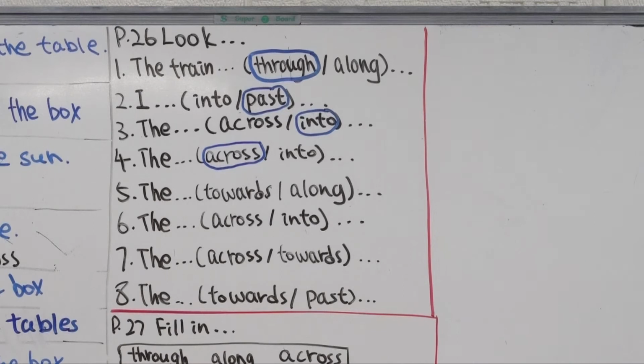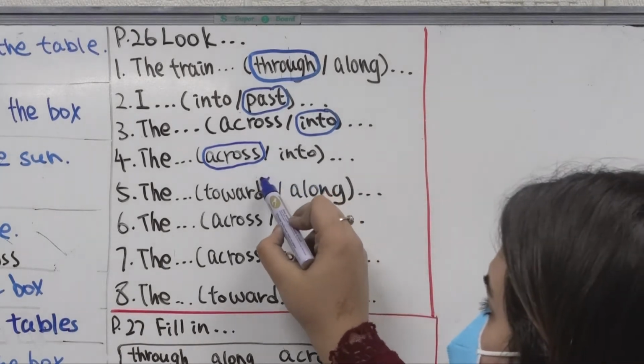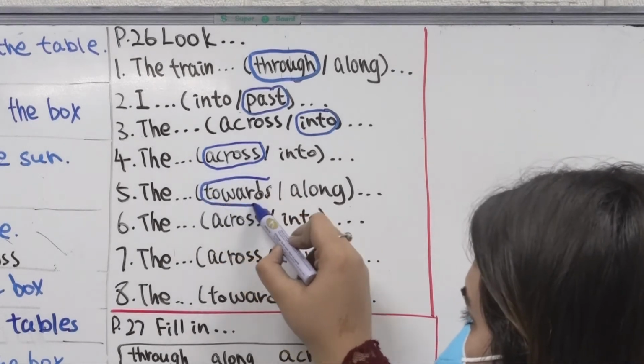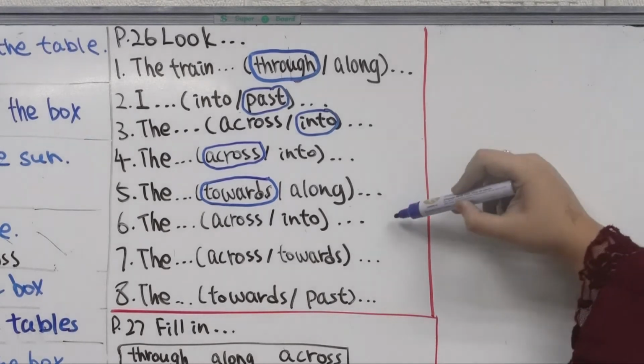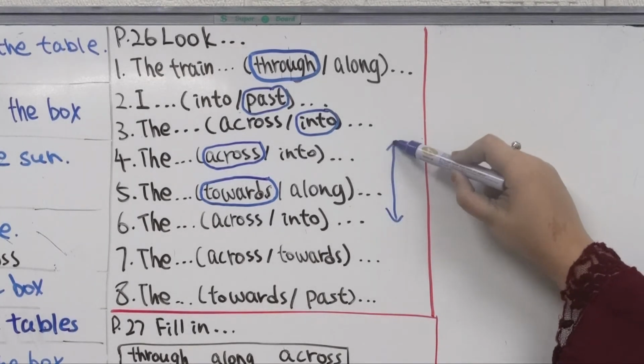All right, 5. The bees are flying what? Their hive. That is along or towards? Towards, right? One direction, as you can see in the picture. Along is something else, right? Along is from one end to another end.